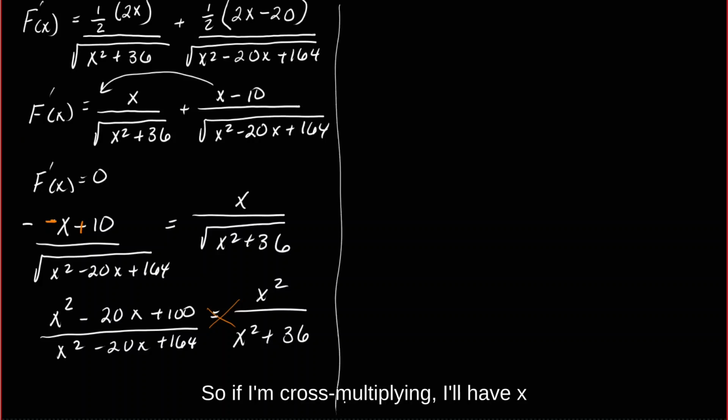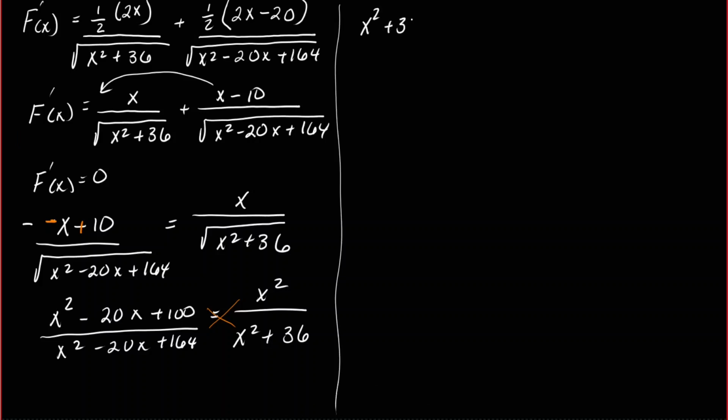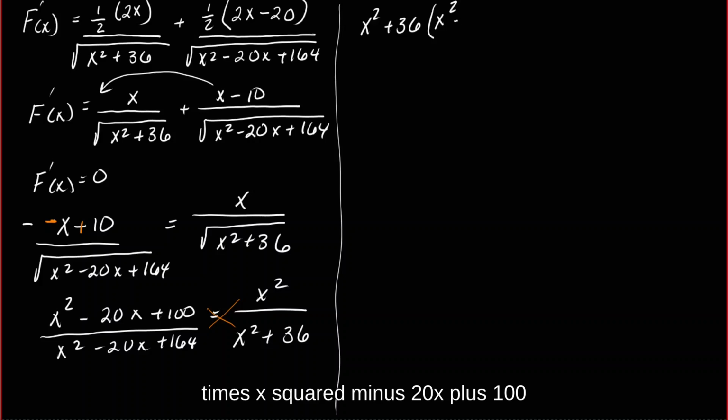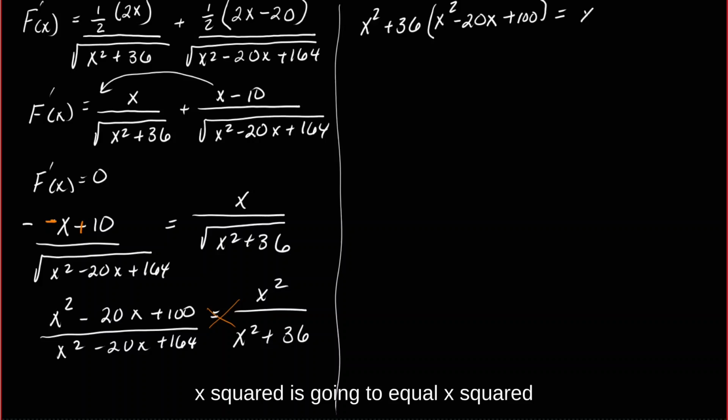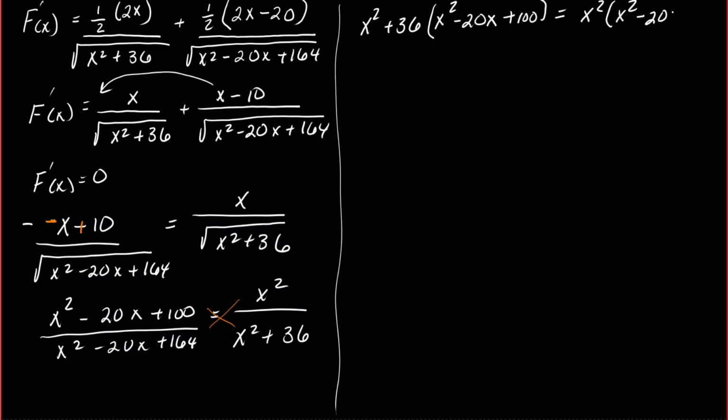So I'll have x squared plus 36 times x squared minus 20x plus 100 equal to x squared times x squared minus 20x plus 164.